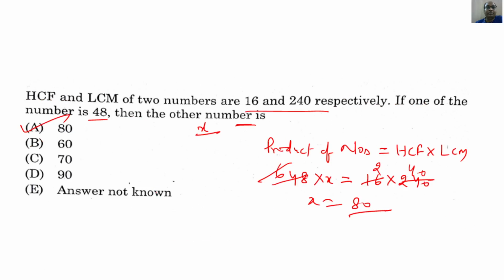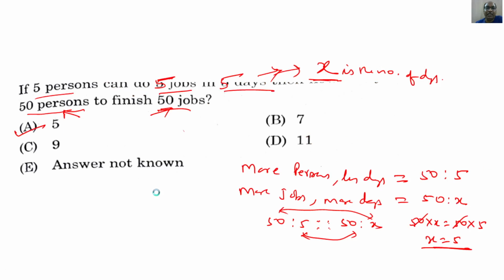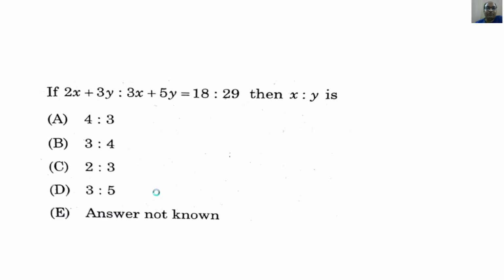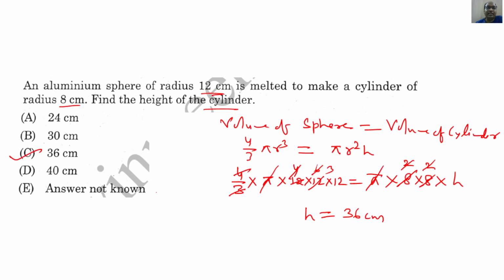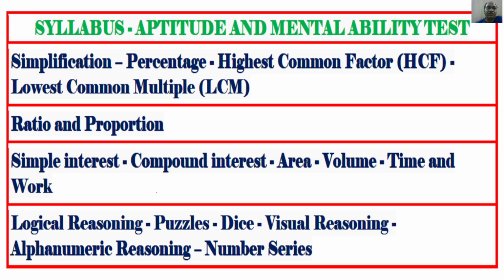So I hope that the questions were very, very easy. I have solved all the questions and applied all the basics also. So you can see that everything is being touched in these questions.